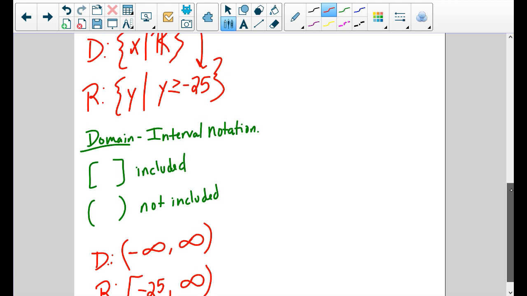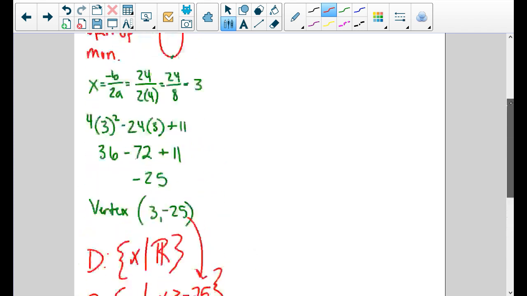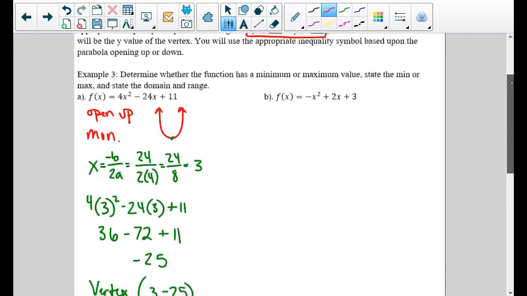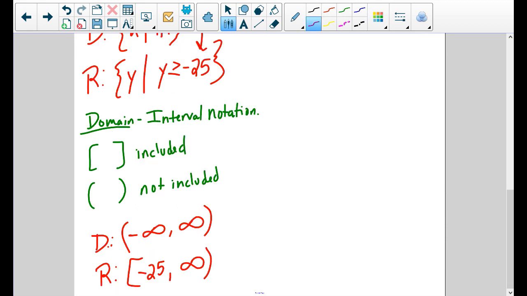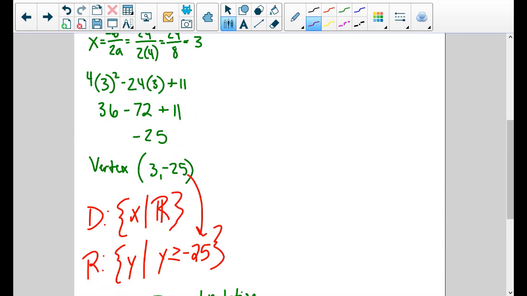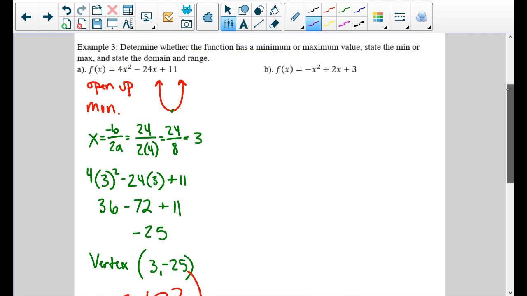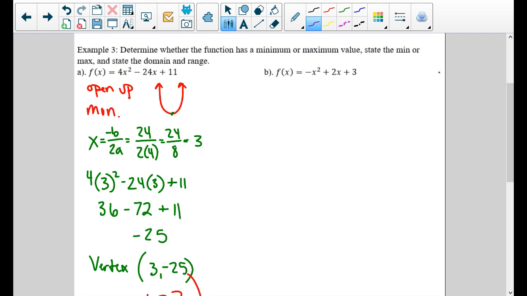Let's do this last problem here together. In the second one, part B, does it open up or down? It opens down. So maximum or minimum? Max.